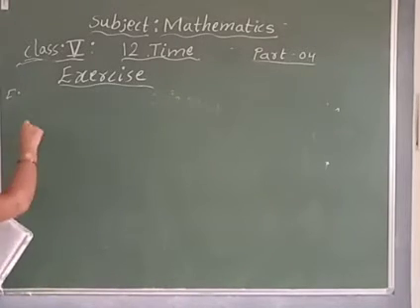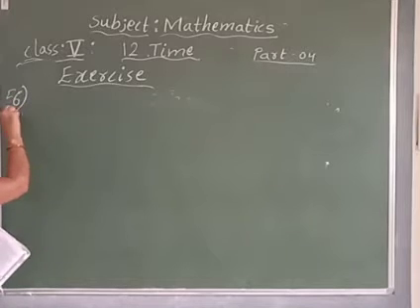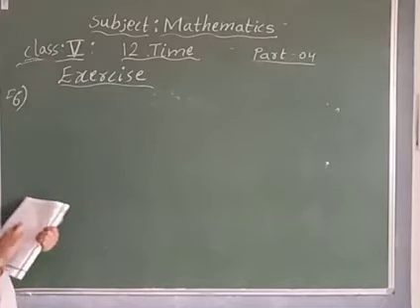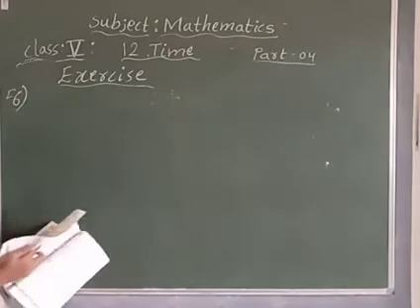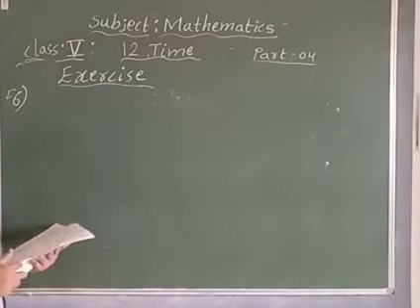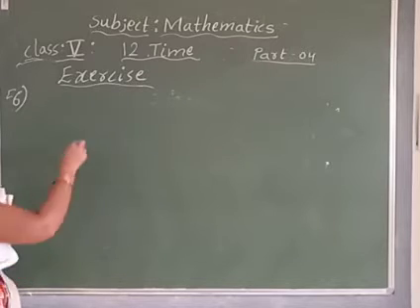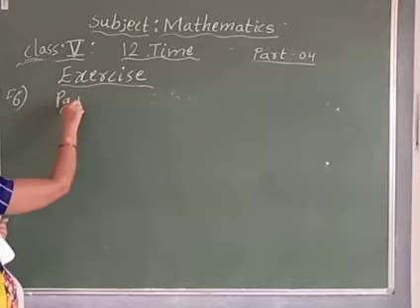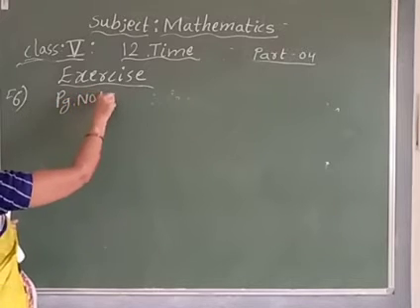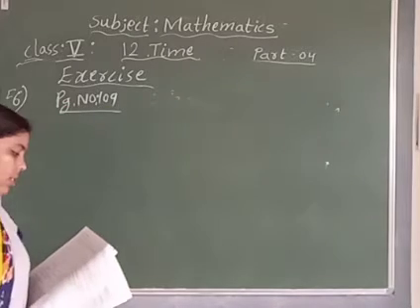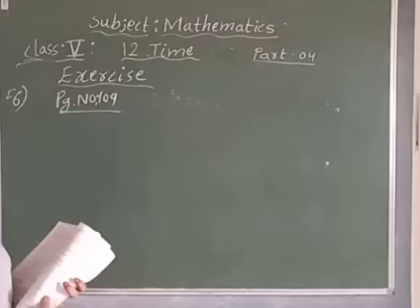See now, the sixth one. Children, you will write the answer to the question in your textbook. First, you know the difference between the 24-hour clock and the 12-hour clock, no, children? On page number 109, AM and PM are given.